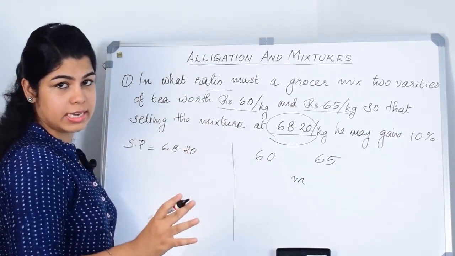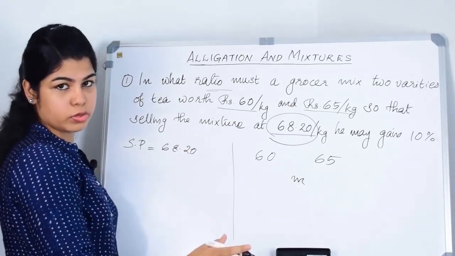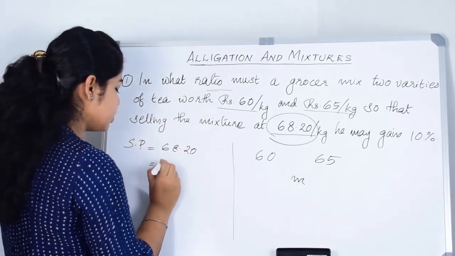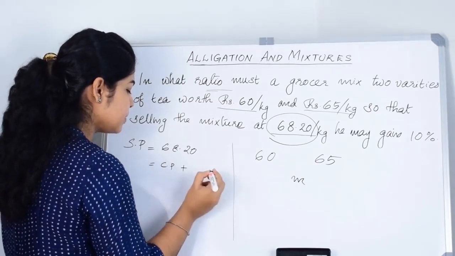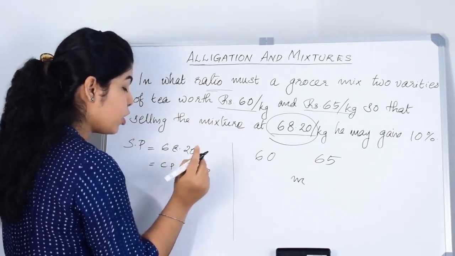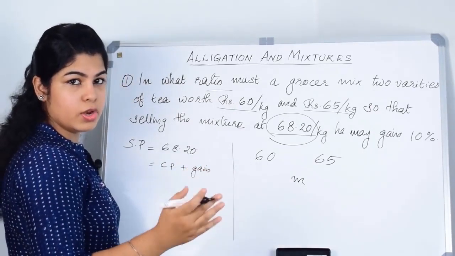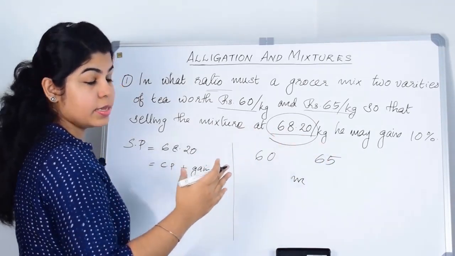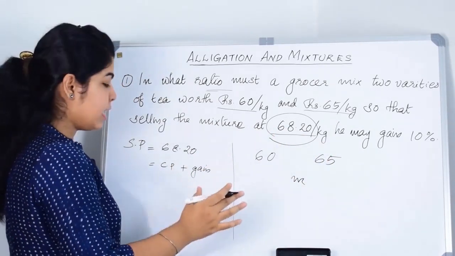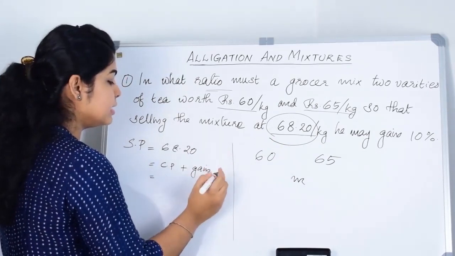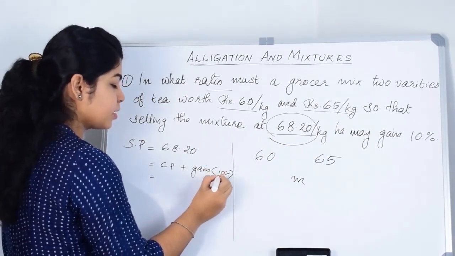Now what is the relation between selling price and cost price? Selling price is equal to cost price plus gain, or cost price minus loss. Here the question is about gain, so I am taking this equation, and it is given that the gain is 10%, right?